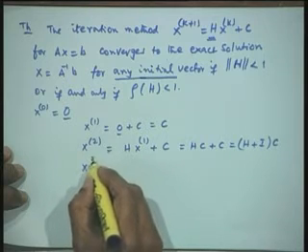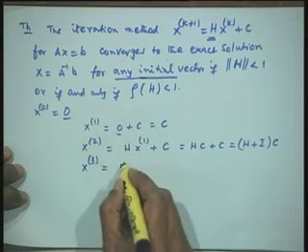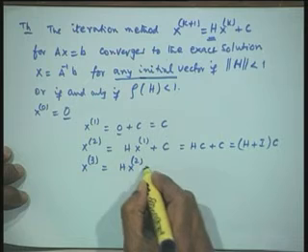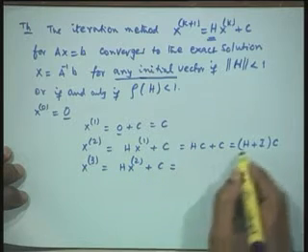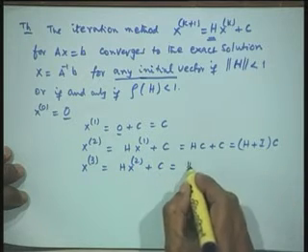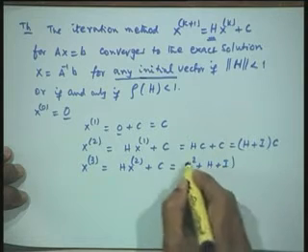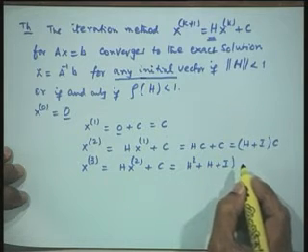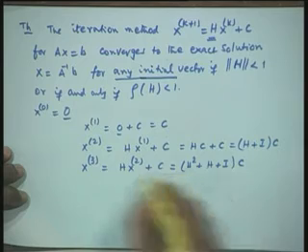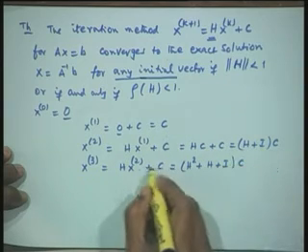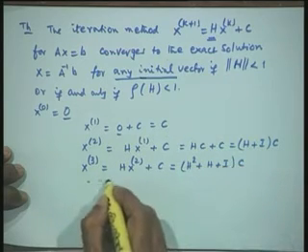Now, we proceed further, x 3 is h x 2 plus c. So, h into this quantity. So, I will have h square plus h plus I of c. This is h into h square, h, and this is I coming from here and so on.